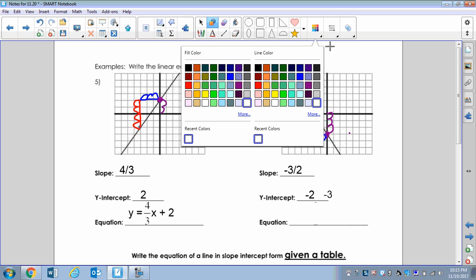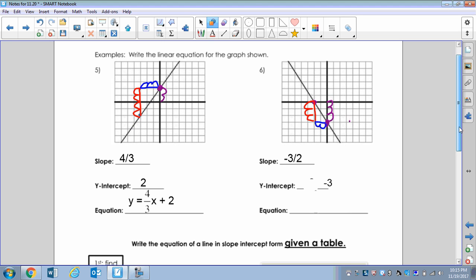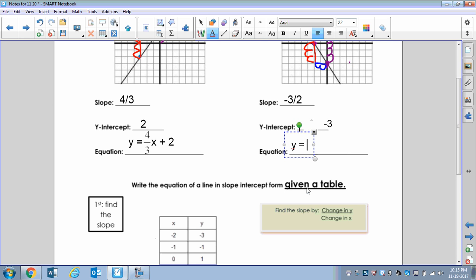I apologize about that. Let's get rid of that negative 2 and put negative 3 in there. Alright, and so our equation is going to be wrong as well. So I'm just going to go ahead and write that out. It is going to be y equals negative 3 divided by 2x minus 3.